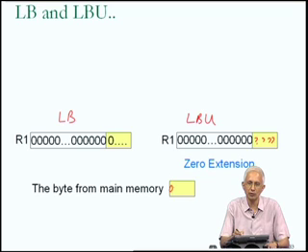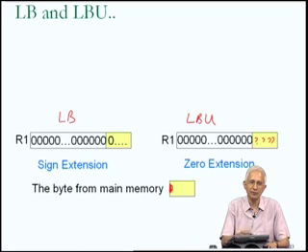If it was a 0, we know that the value, if interpreted as a signed integer, is positive, whereas if the most significant bit was a 1, the value is negative. Therefore, the operation done by the load byte instruction goes by the name sign extension. If the most significant bit of the byte is a 0, the rest of the register gets filled with zeros. If it was a 1, the rest of the register gets filled with 1s. And that's the difference between load byte and load byte unsigned.